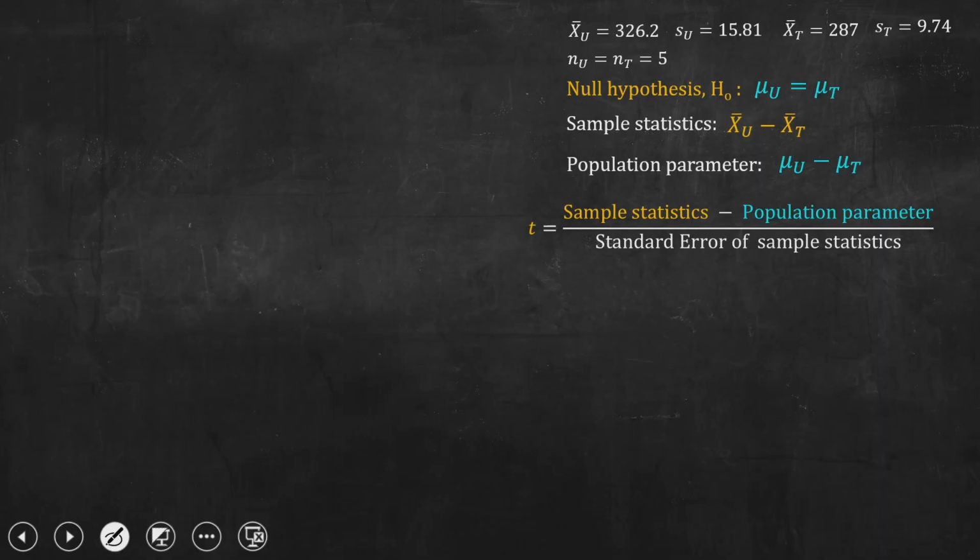Okay. So, what will the sample statistic be? It will be x u bar minus x t bar, that is given here. The population parameter will come here. Now, what is my null hypothesis? My null hypothesis is mu u is equal to mu t.